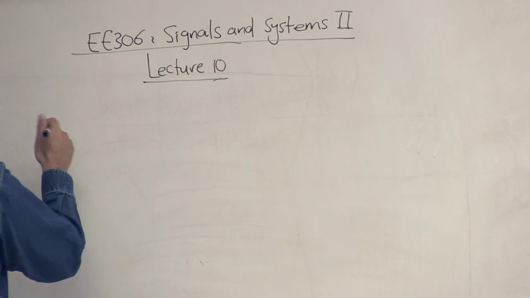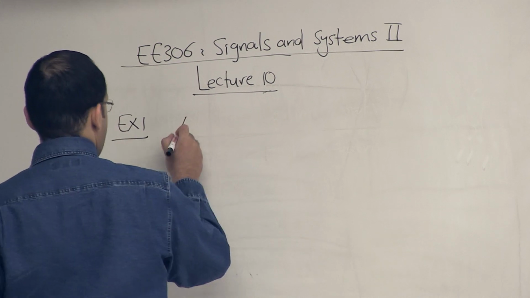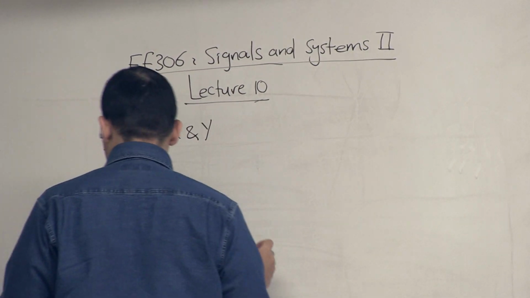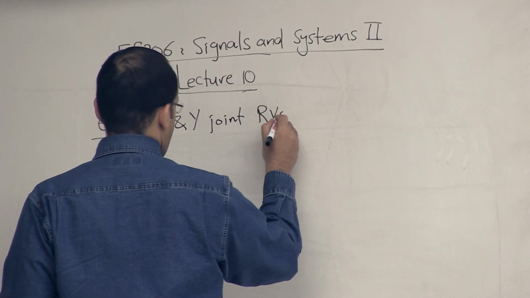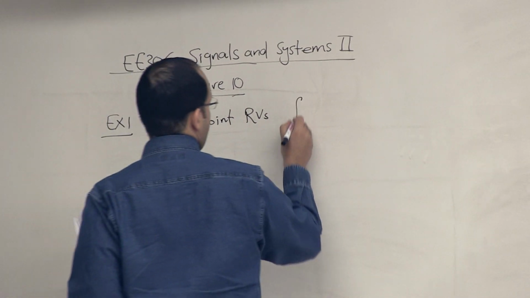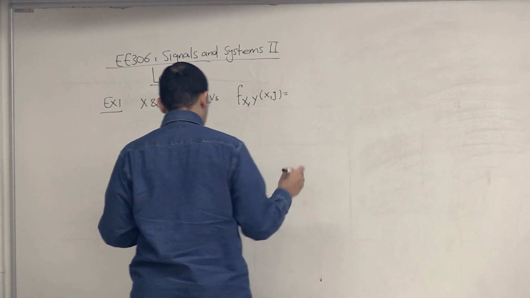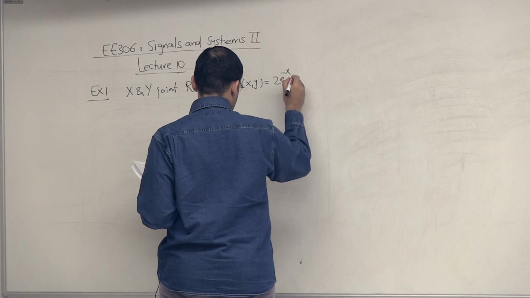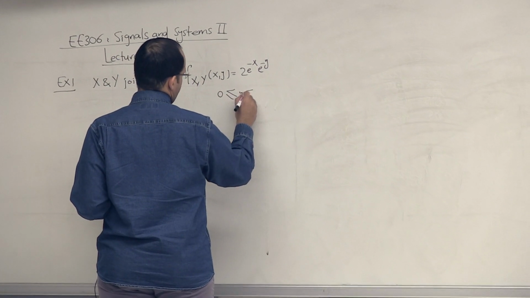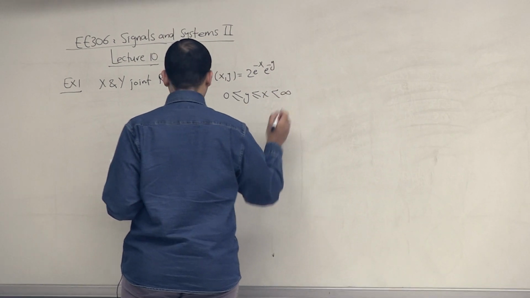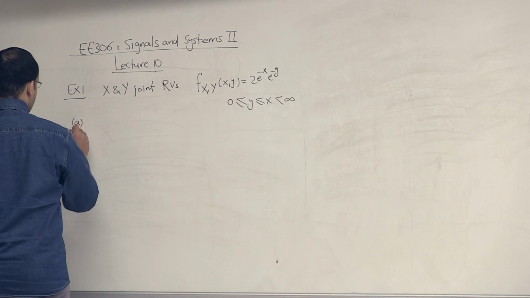Example 1: you have x and y, joint random variables, and f_xy of x, y equals 2e^(-x)e^(-y), for 0 ≤ y ≤ x < infinity, and 0 otherwise.